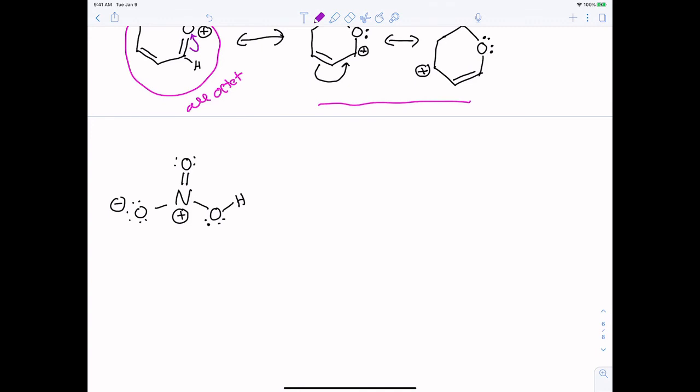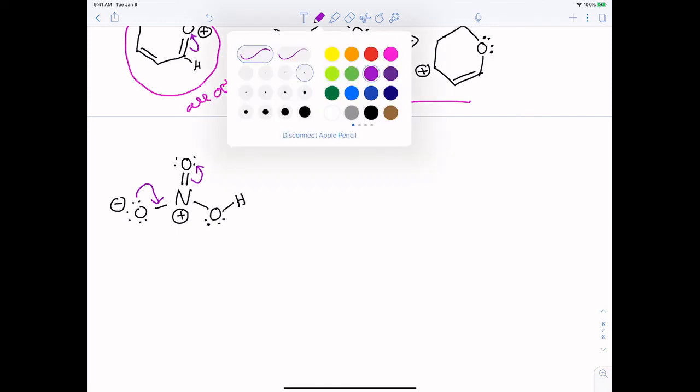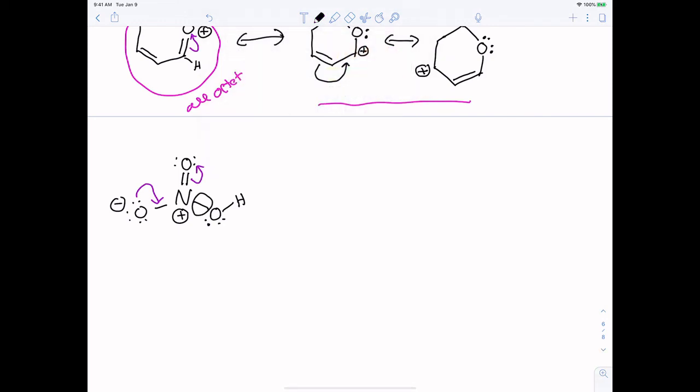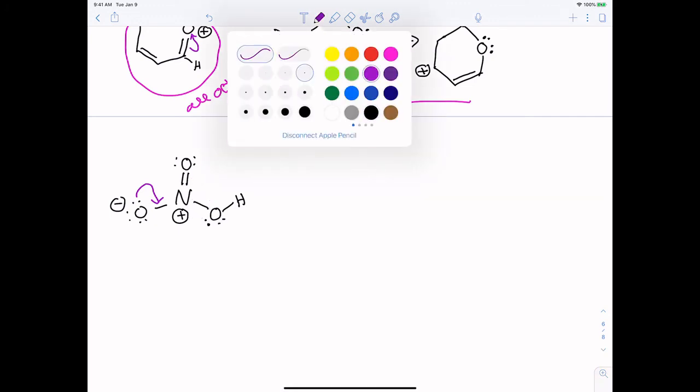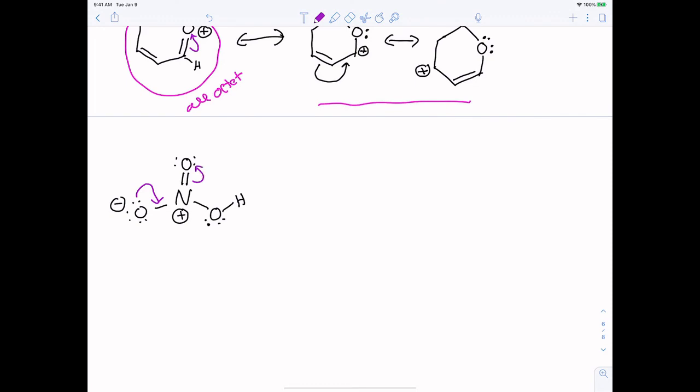So option 1, I'm going to take those to put in. That would give nitrogen too many electrons, so then I'm going to move those out onto oxygen. You can't move these, right? If we move those, we'd be breaking a sigma bond. So your only option is to move those pi electrons. So nitrogen now has a single bond to oxygen, and then that oxygen has 3 lone pairs.